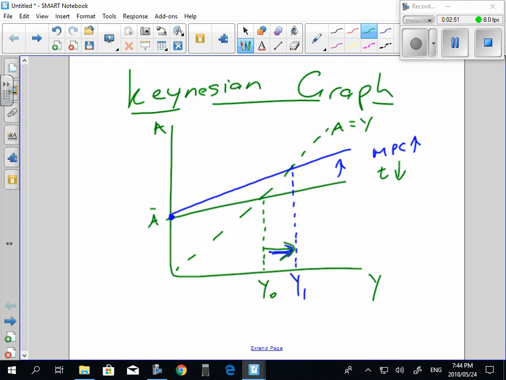Now, what is your marginal propensity to import? It is the percentage of your income that you spend on imports. Okay? Now, who produces imported goods? We do not produce imported goods. Foreigners produce imported goods.